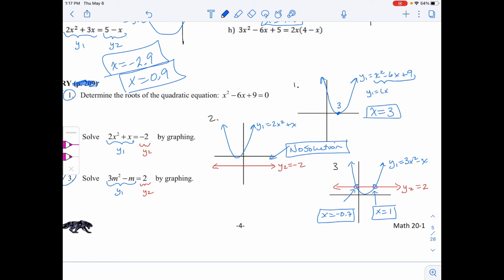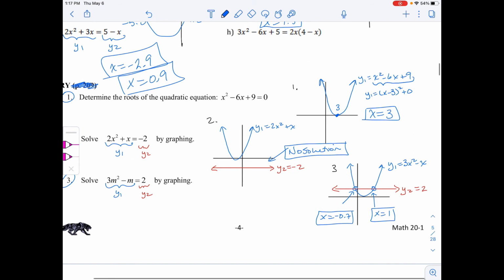So we know that could also be written as x minus 3 squared, which would have been our function with the vertex at positive 3, 0. That's a parabola that's moved over to the right 3 and hasn't moved up or down. So we have one particular answer, where x is equal to 3.